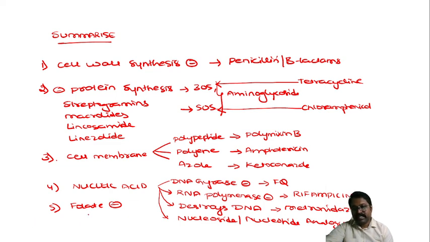Basically they inhibit the folic acid synthase, and the other group of drugs will inhibit the dihydrofolate reductase. So here the examples are sulfonamides, dapsone and para-amino salicylic acid. Here we have trimethoprim, pyrimethamine, proguanil and methotrexate.